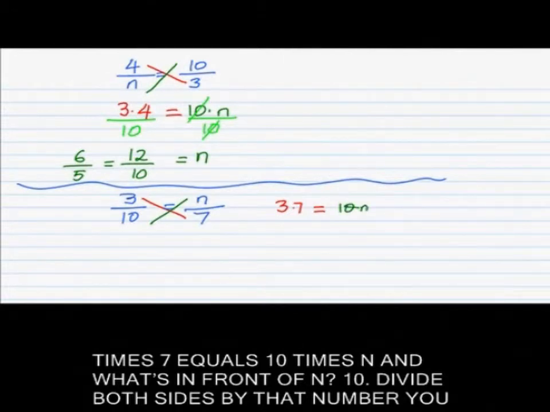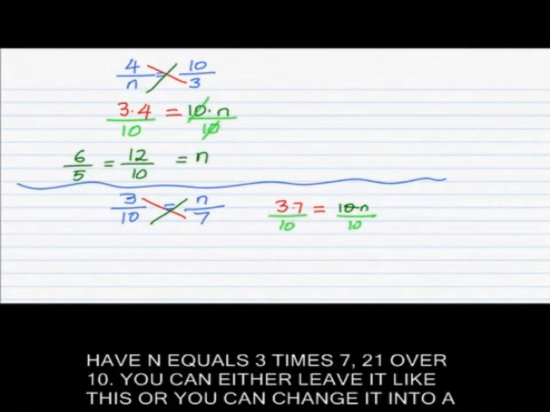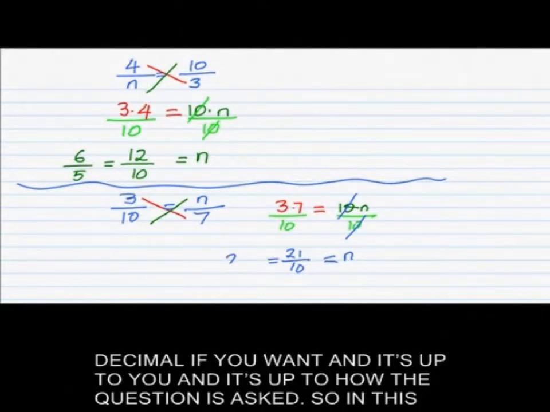And what's in front of n? 10. Divide both sides by that number. You have n equals 3 times 7, 21 over 10. You can either leave it like this or you can change it into a decimal if you want. It is up to you, and it's up to how the question is asked.